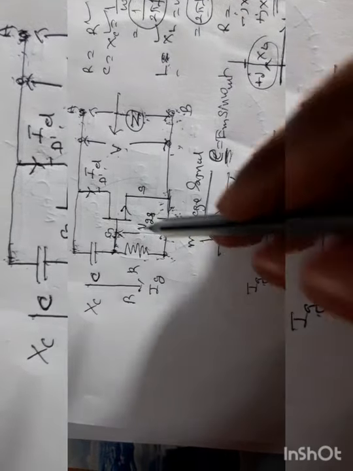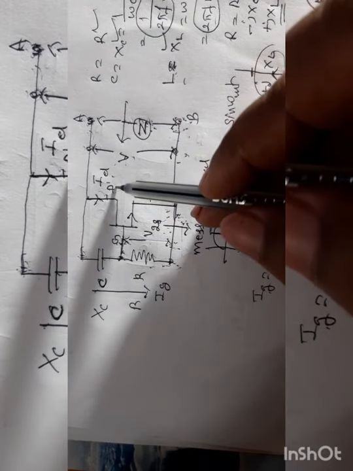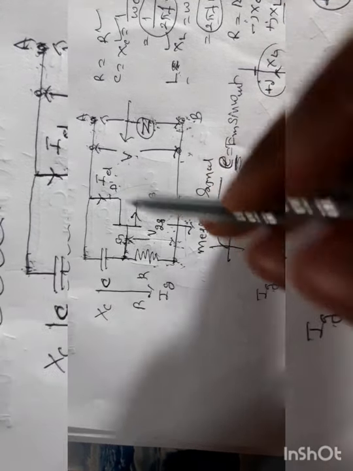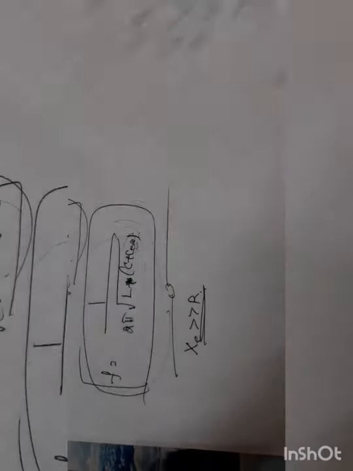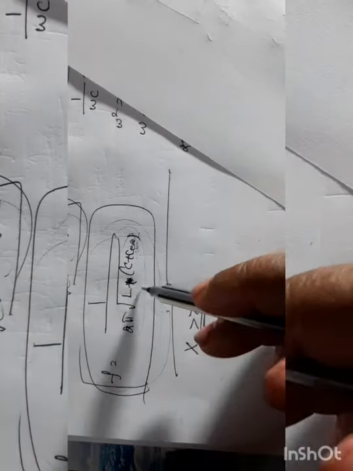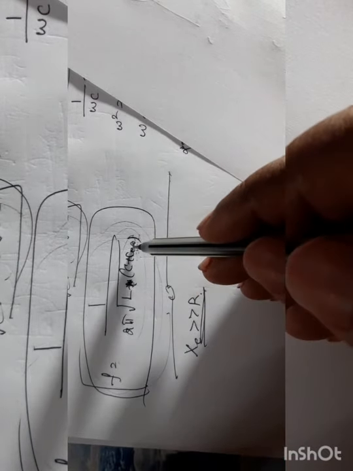But during the positive cycle, VGS increases. Therefore, ID changes according to this increase in the voltage. C equivalent also changes. When C equivalent changes, F equals 1 over 2 pi root of L into C plus C equivalent.